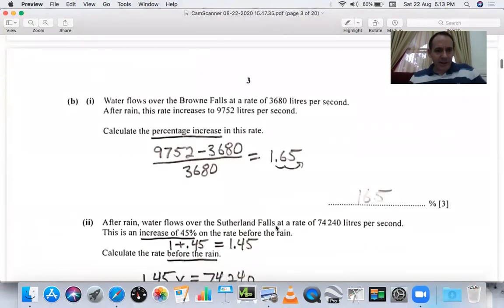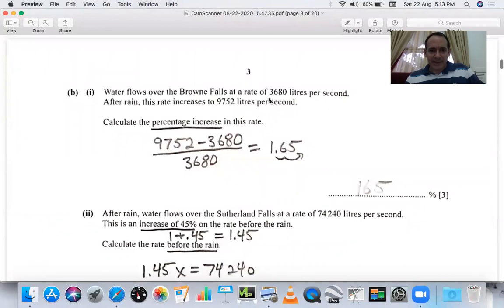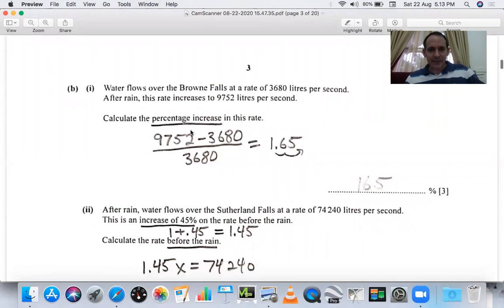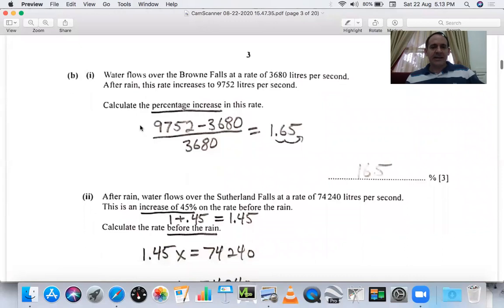So as we go on to part B, we have another falls. Brown Falls has a rate of 3,680 liters per second. After the rain, it increases to 9,752 liters per second. Calculate the percentage increase. Well, the increase is the final minus the initial, what it was after the rain minus what it was before the rain.